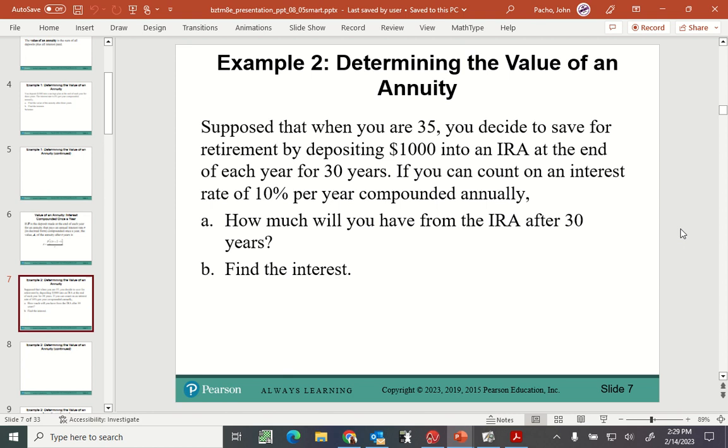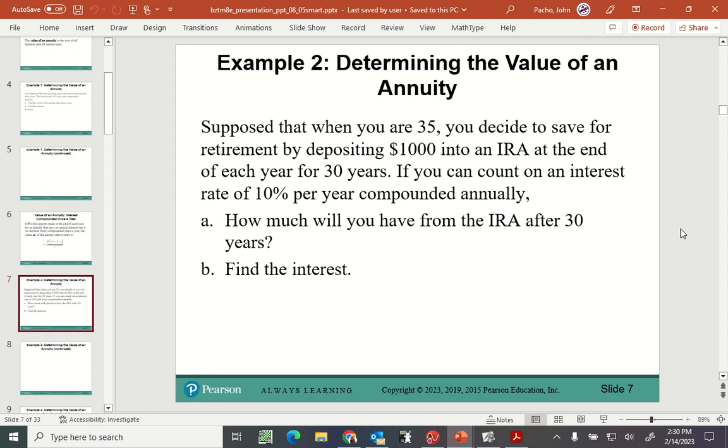My payment. What payment am I making? 1,000 every year, right? It's a negative 1,000 because it has to come out of your pocket, right? Good. After payment is future value. That's what we're going to solve for. We leave that one blank.